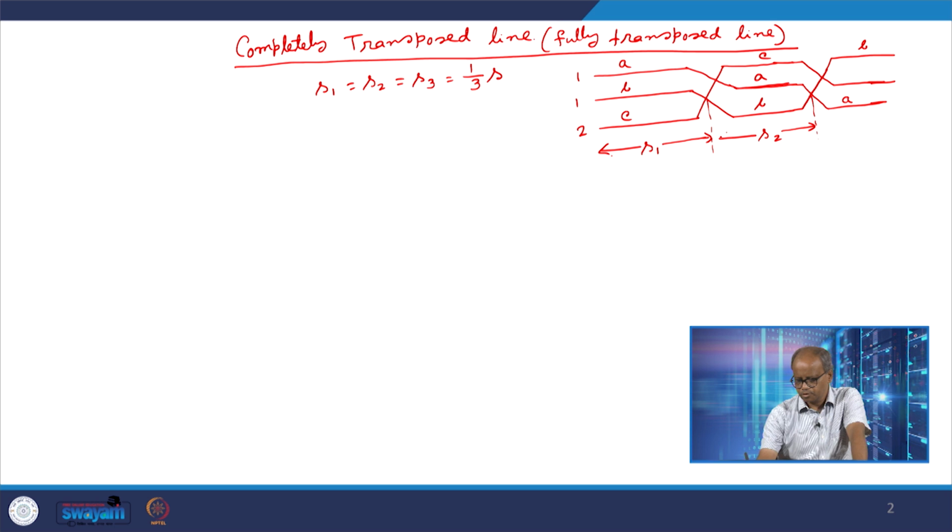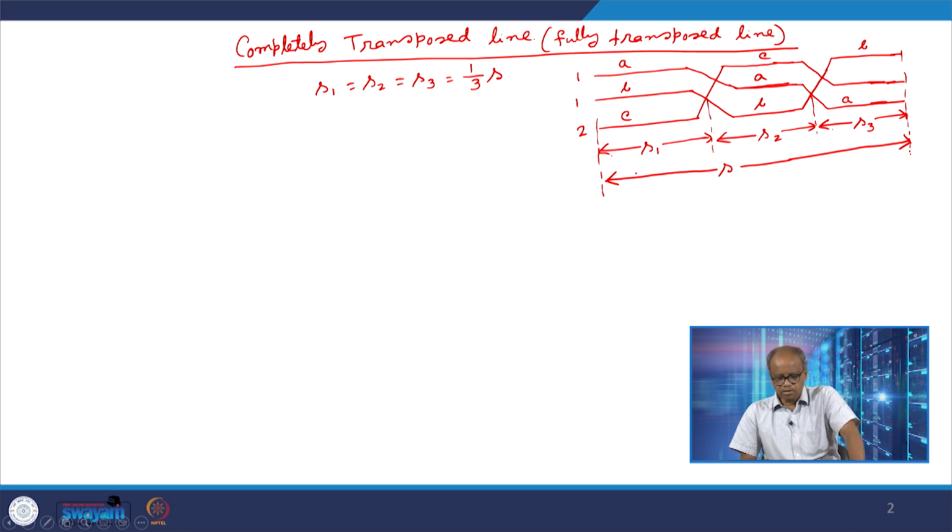That is the concept of the transposition, and let's say that this distance is S3 and the total distance is S. So that is the case.